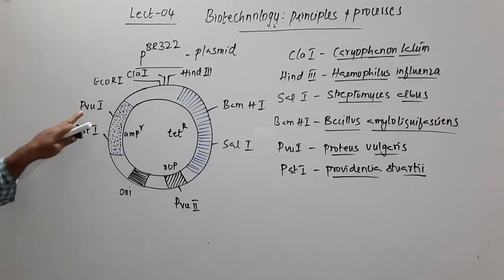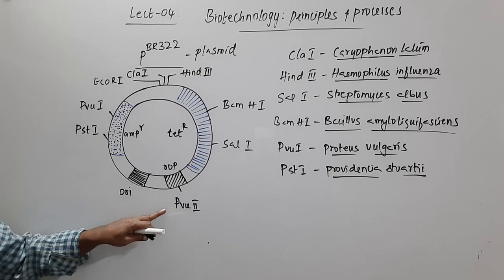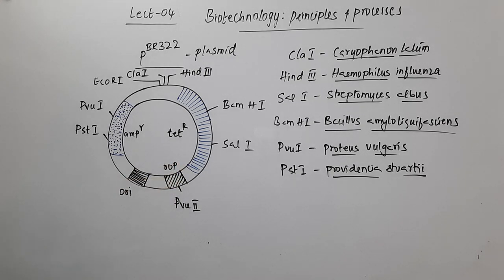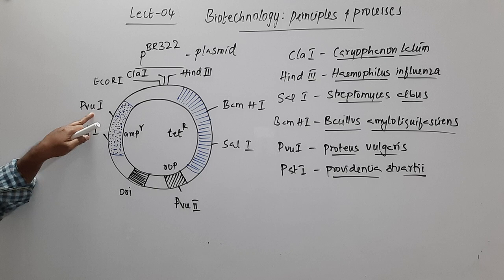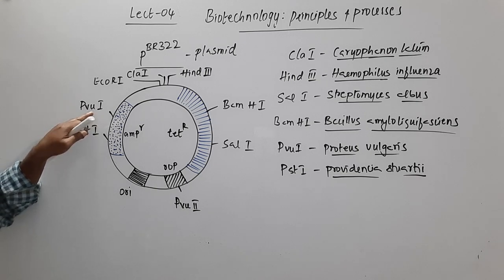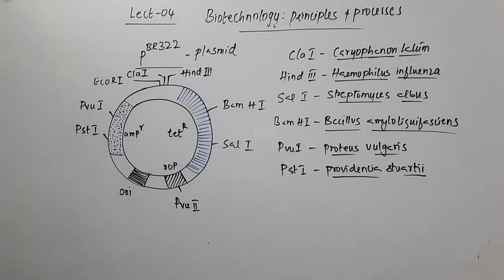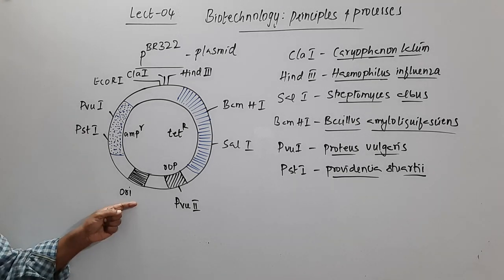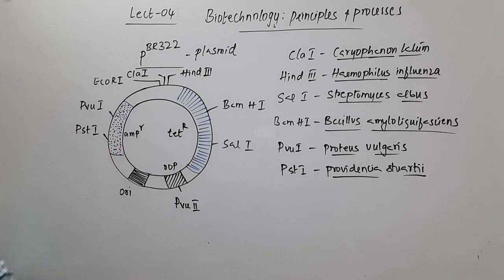Of course, PvuI and PvuII both are from Proteus vulgaris. This is the first restriction endonuclease that we obtained from Proteus vulgaris, and this is the second one from that bacterium. So these are the different recognition sites that we see in case of PBR322.